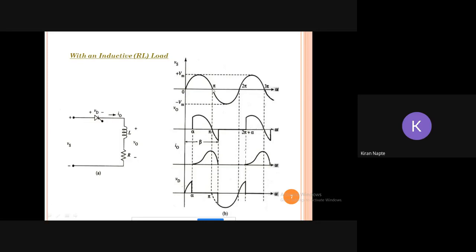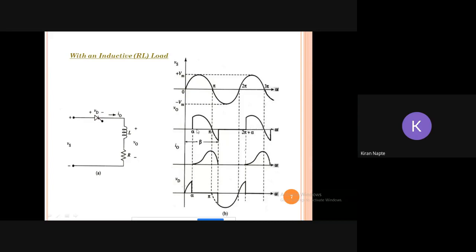And at pi, the polarity of the applied voltage gets reversed because of line commutation, and the SCR turns off because of reverse biasing. But the energy stored by the inductor in the positive half cycle is released for a small duration in the negative half cycle, and therefore we observe some output voltage in the negative half cycle also.